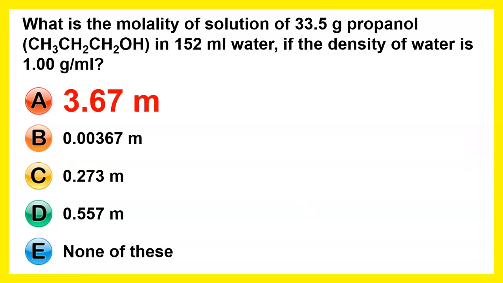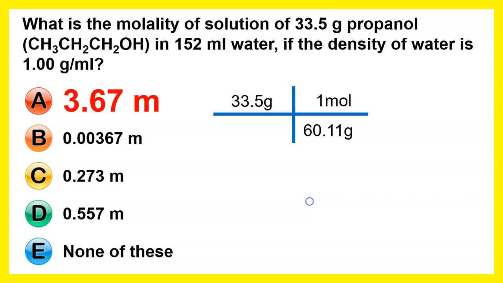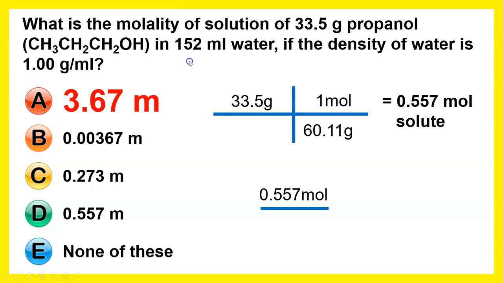Right, there's your answer, lowercase m. Let's take our grams and use the molar mass of propanol. Now we know how many moles of solute we have. Now, if I have 152 milliliters, that's 152 grams, which is the same as 0.152 kilograms.